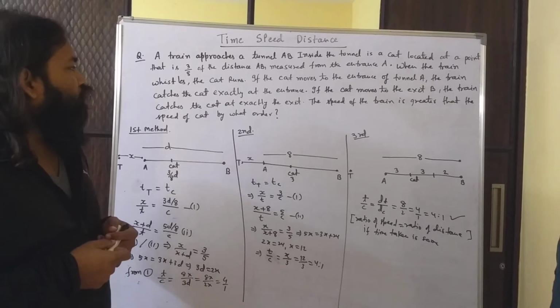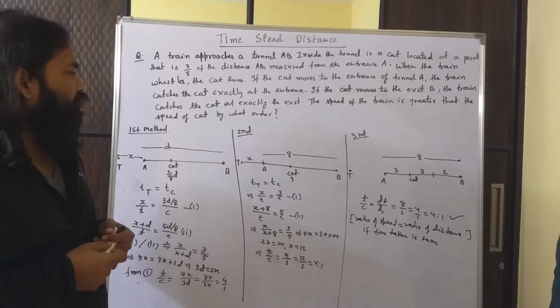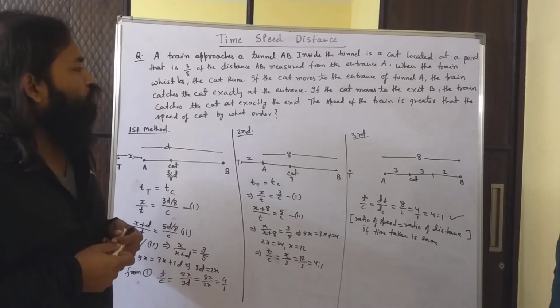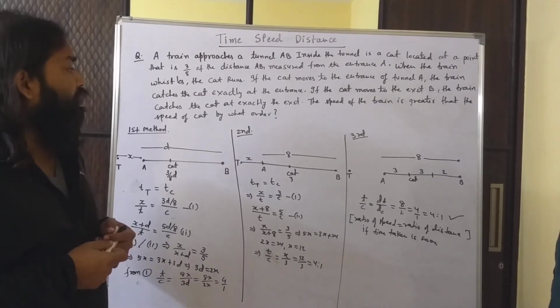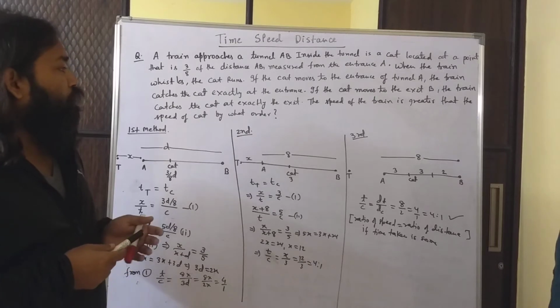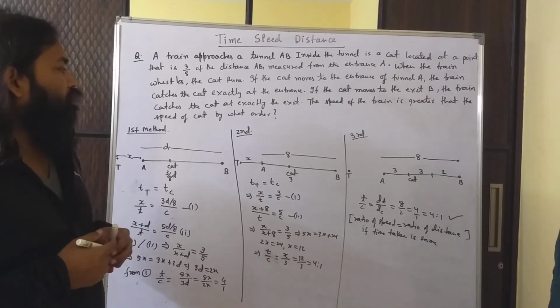If the cat moves to the entrance of the tunnel A, the train catches the cat exactly at the entrance. If the cat moves to the exit B, the train catches the cat at exactly the exit. So the speed of the train is greater than the speed of the cat by what order?